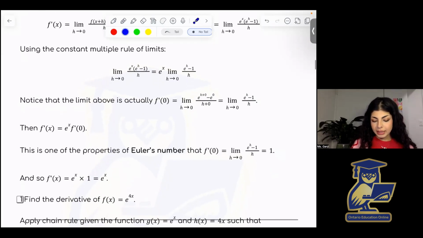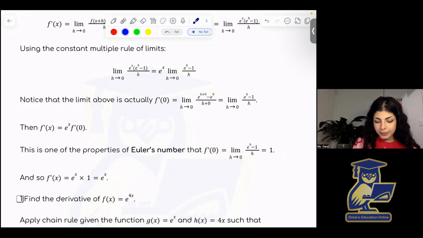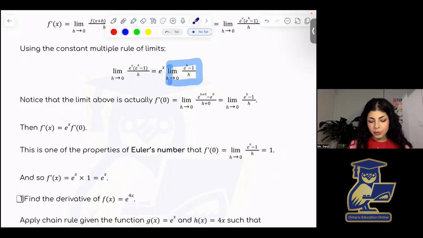The reason for that is this part is equal to f prime at 0. So this would just be e to the power of h plus 0, and the 1 is just e to the power of 0. And then in the denominator we just have h plus 0. And we see that when simplified, these two limits are the same.